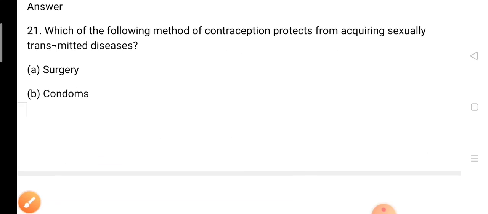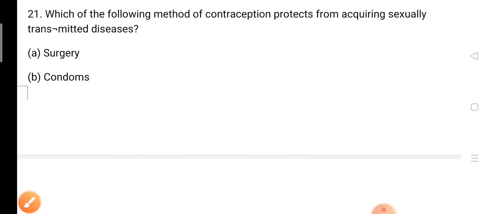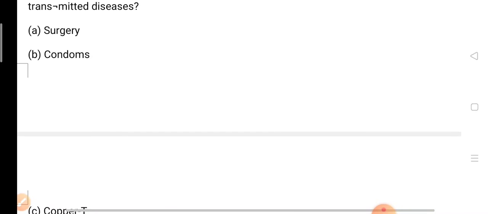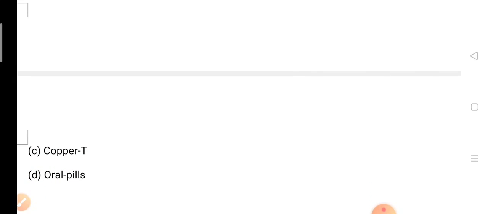Now the next question, which of the following methods of contraception protects from acquiring sexually transmitted disease? It means the option which protects us from STDs. So there are four options. The first is surgery, second is condoms, third is copper T, fourth is oral pill.